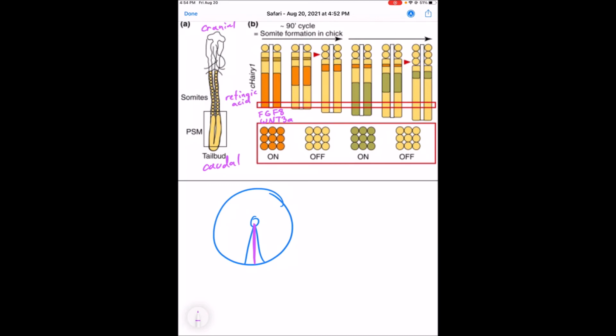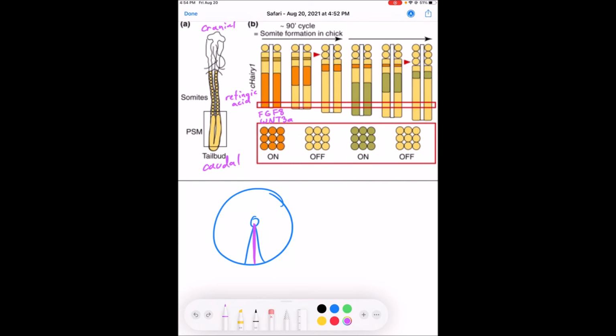So anyway, we have these three transcription factors, or proteins, signals. What all of them do is they start off this notch-like wave.